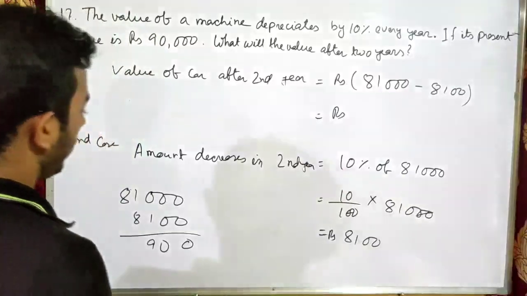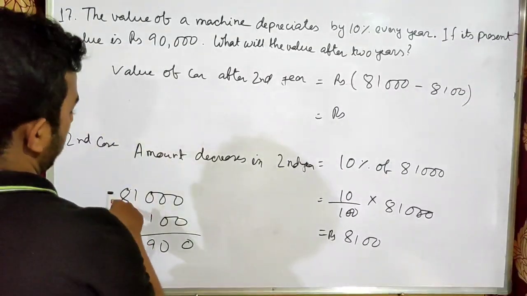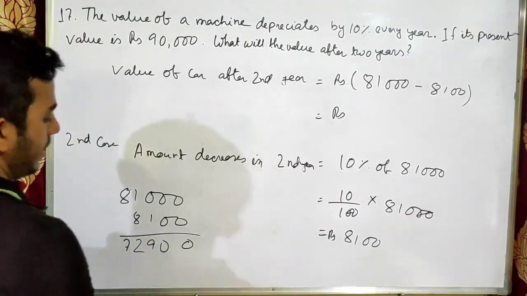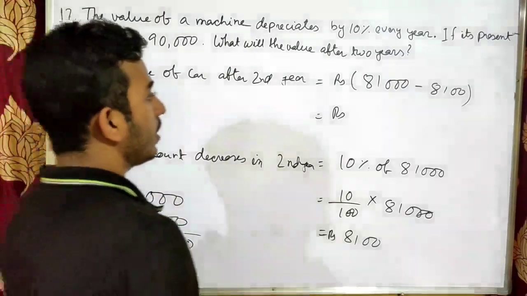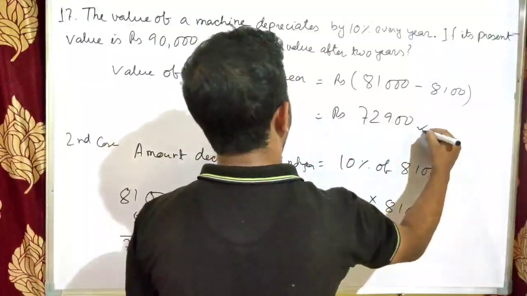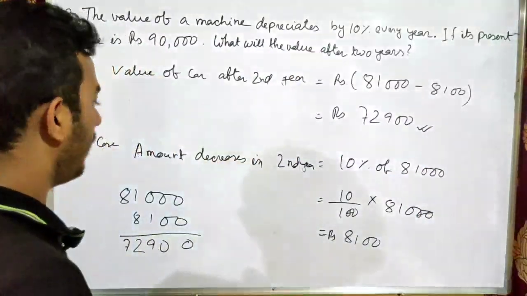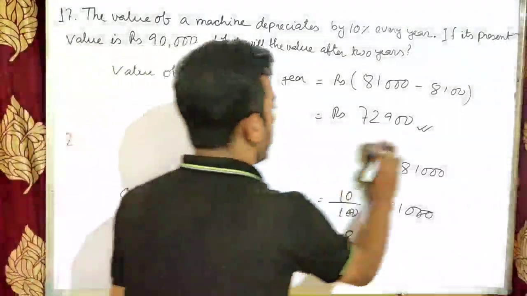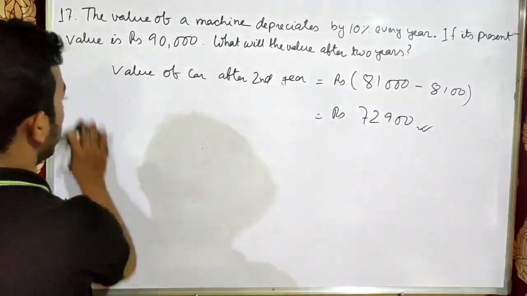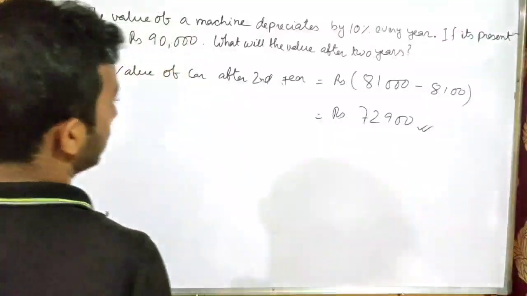Here left 0 will be what? 10 minus 8 is 2 and 7. 72,900. So this is the value after the second year. This is the value of the machine after the second year, rupees 72,900.